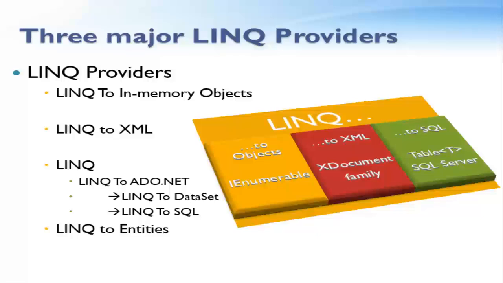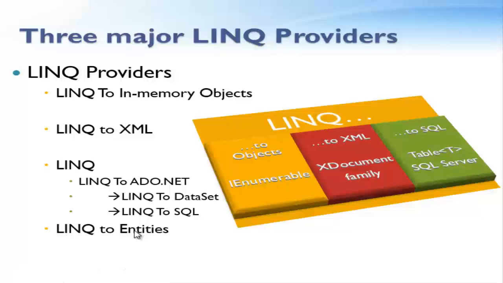In particular, whenever we learn the basics, we usually deal with three different providers: Linq to Objects, Linq to XML, and Linq to data sources. Linq to data sources is divided into Linq to ADO.NET, which includes Linq to DataSet and Linq to SQL, and there is one more, Linq to Entities.